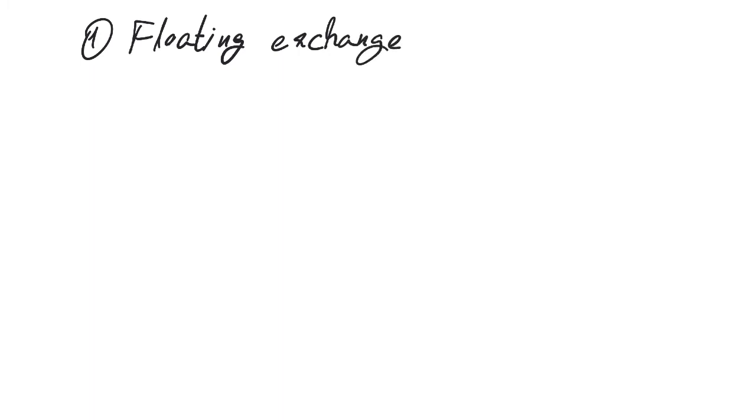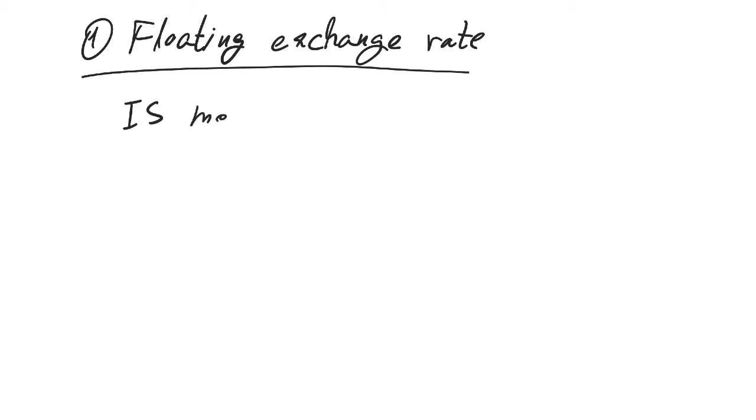So the first option we said was floating exchange rate. And so let's say that we want to move the IS curve.